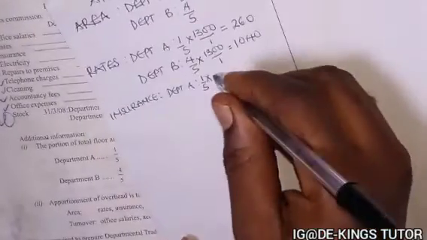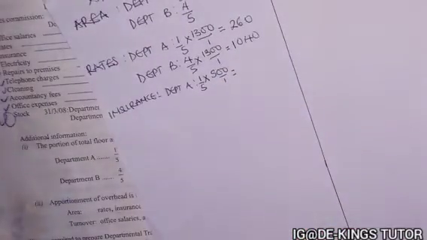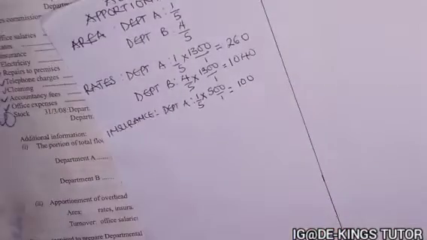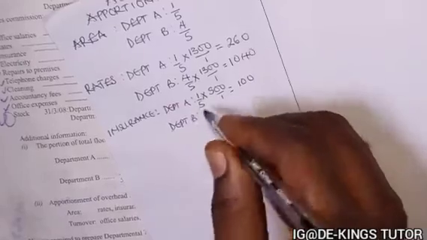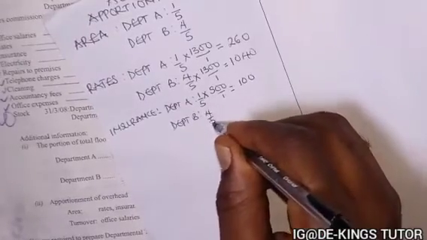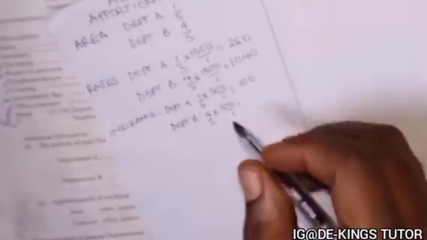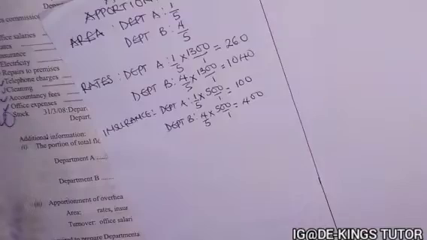So 1/5 times 500 over 1. Okay, so if we do that, we'll have 100. While for department B, we'll have 4/5 times 500 over 1, which will give us 400. Okay, so that's for insurance.